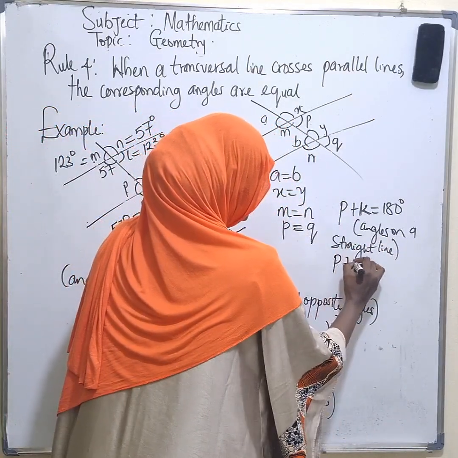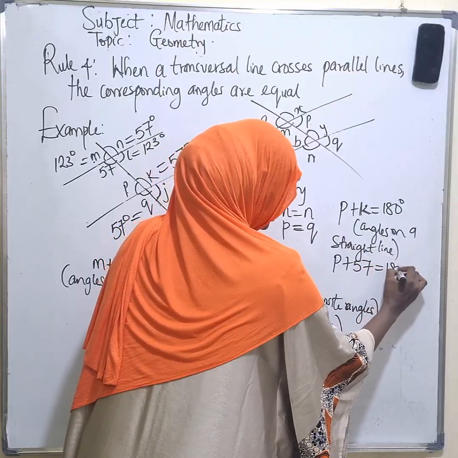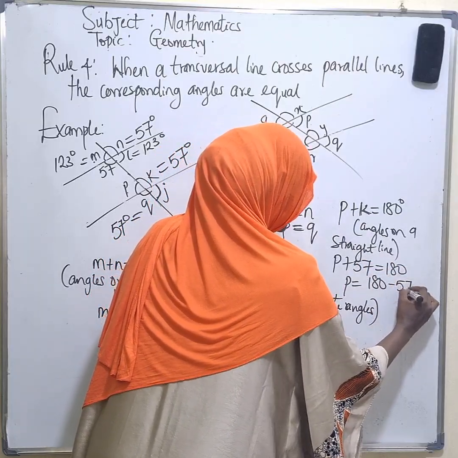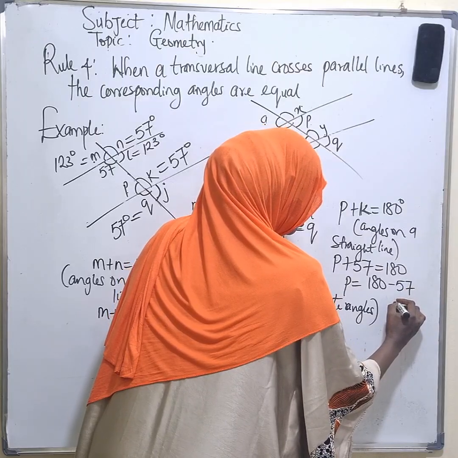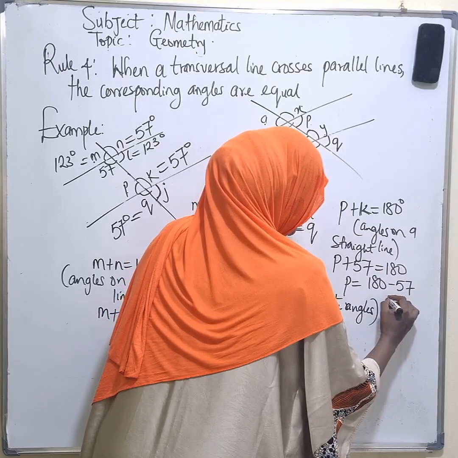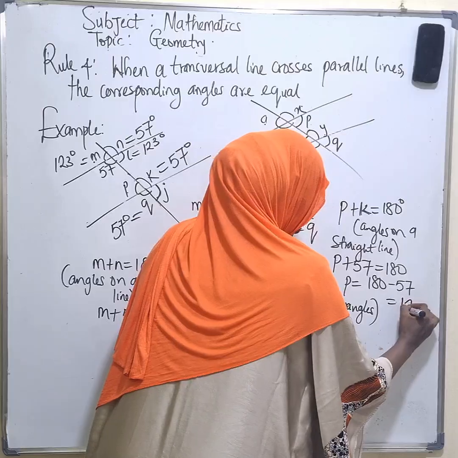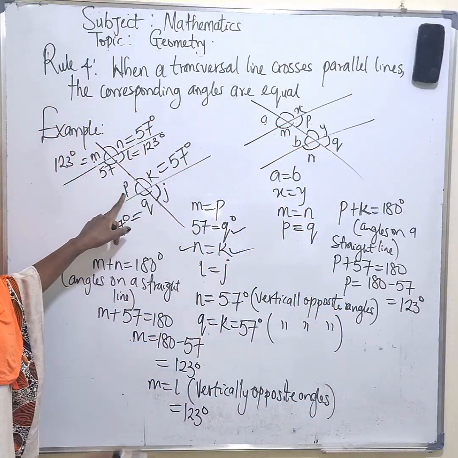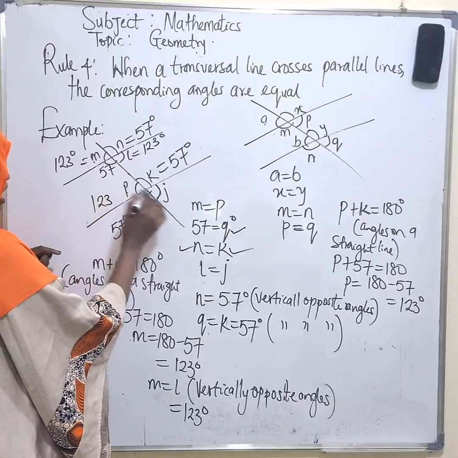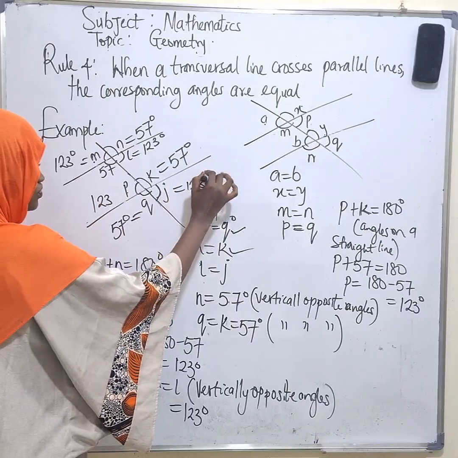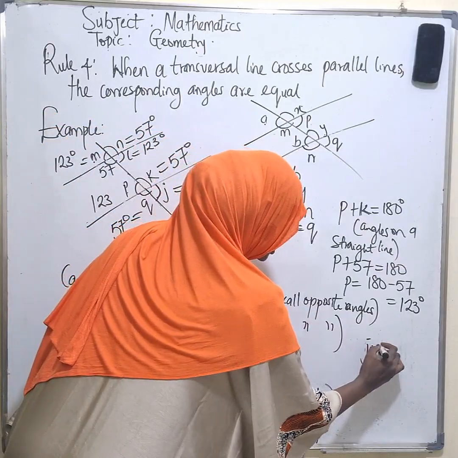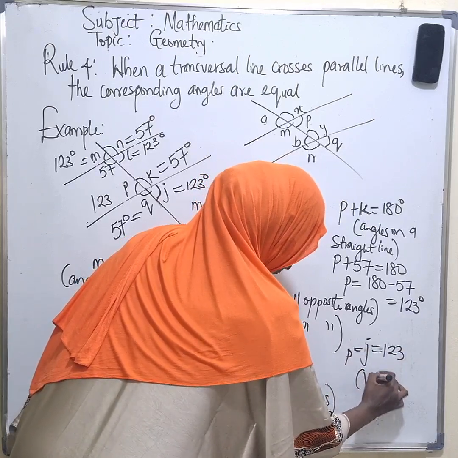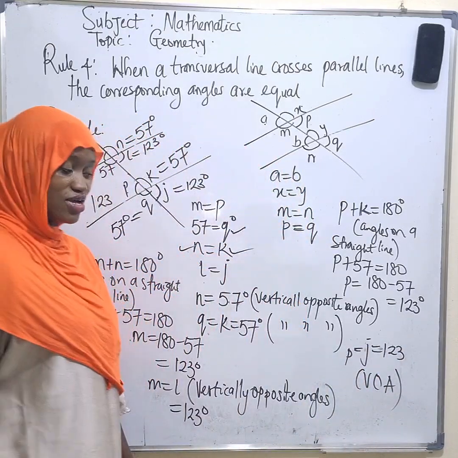That means P plus 57 is equal to 180. So P will be equal to 180 minus 57, right? This will give us 123 degrees. So now we've got P is 123 degrees and J also is 123 degrees, because J is equal to P and they are vertically opposite angles.